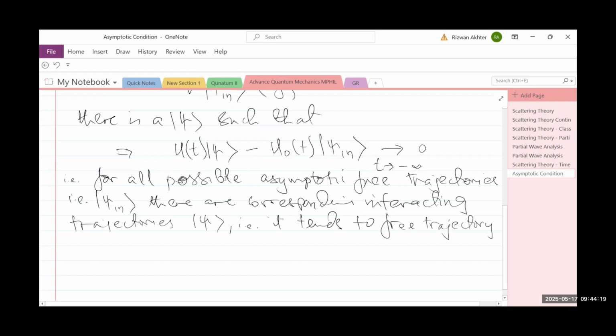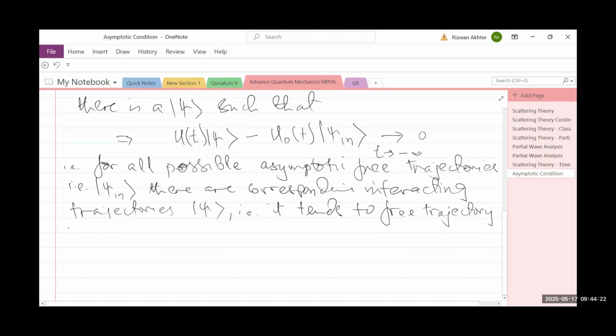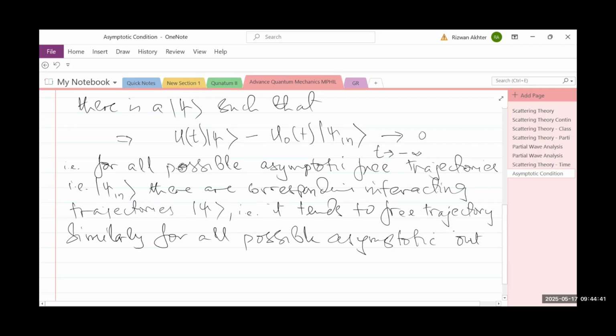And similarly, this goes for all the outs. Similarly, to complete the discussion, for all possible asymptotic out trajectories, they correspond to interacting trajectories.